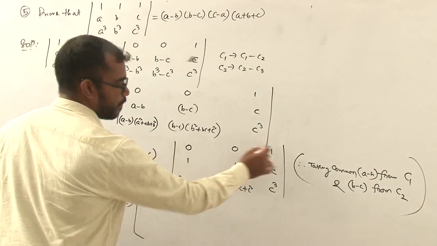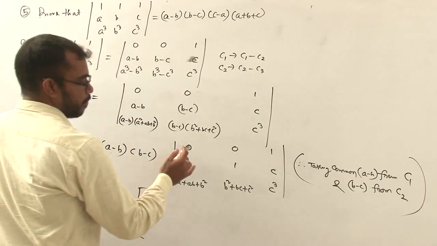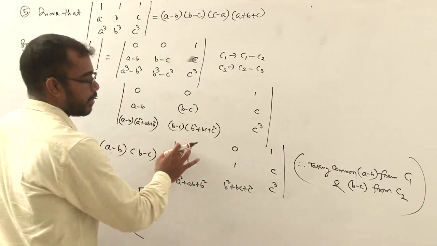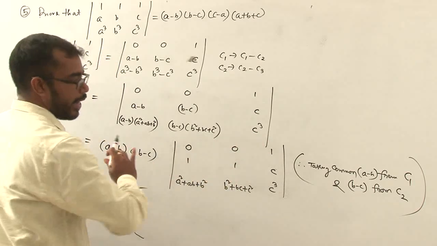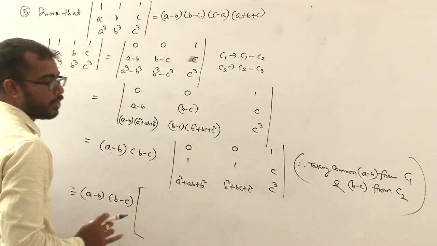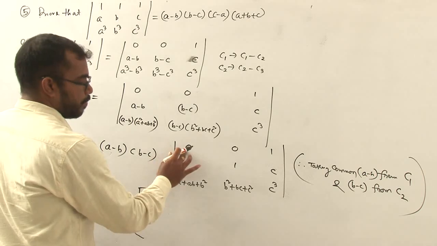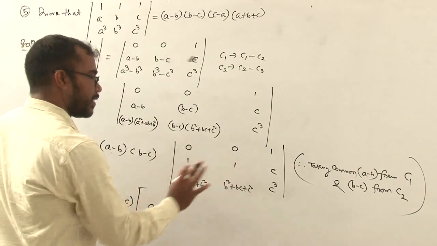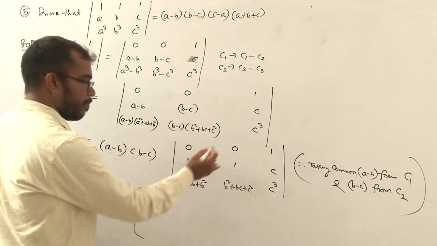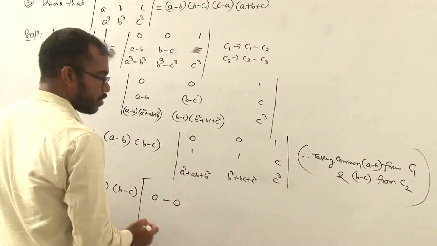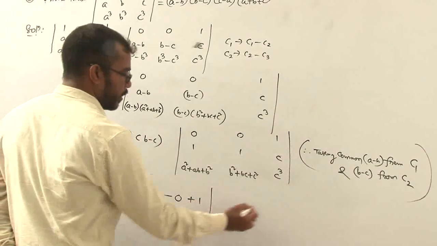As you know, we expand along R1 because R1 has the maximum number of zeros. The sign of 0 is plus, 0 into something is 0 also, minus the sign of the second is minus, so it is minus 0, and plus 1 into the minor.